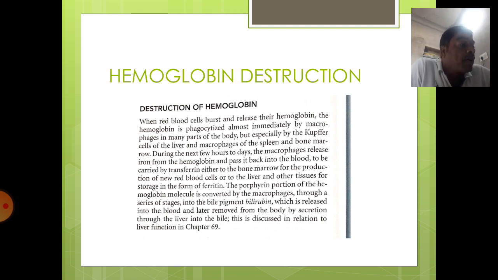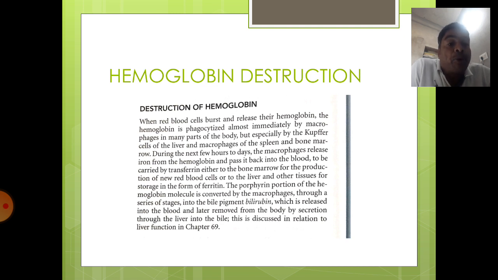During the next few hours or 2 days, the macrophages release their iron from the hemoglobin and pass it back into the blood to be carried by the transferrin either to the bone marrow for the production of new red blood cells or to the liver and other tissues for storage in the form of ferritin.